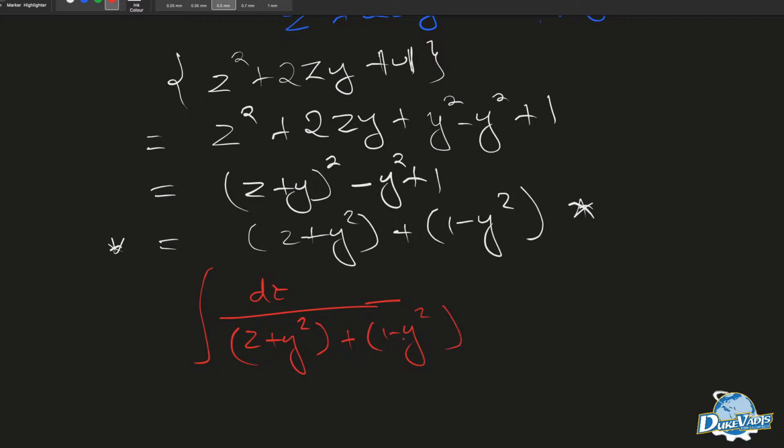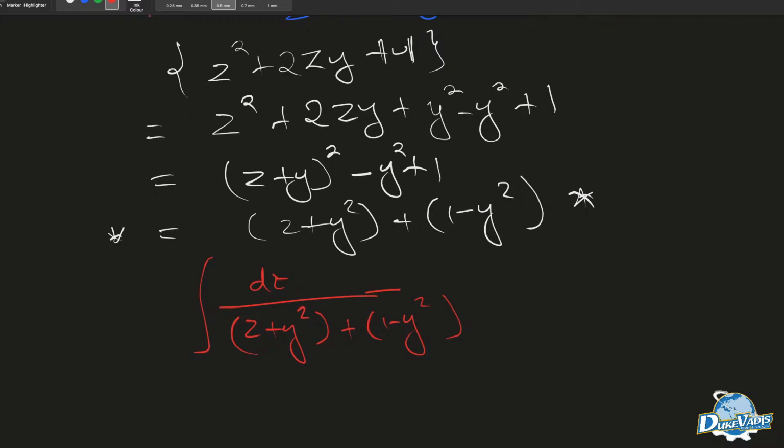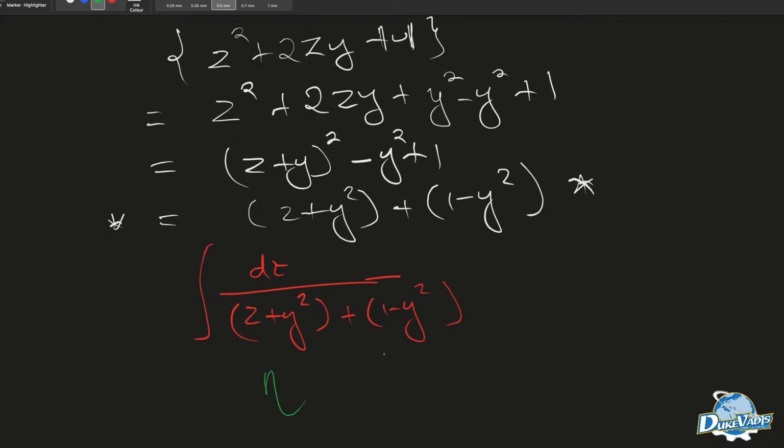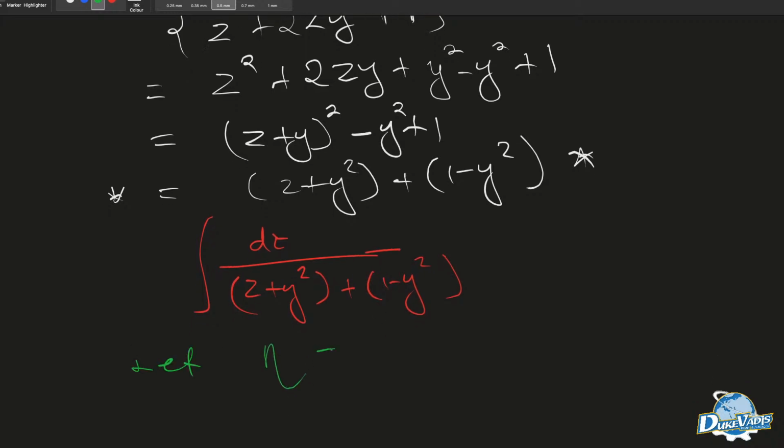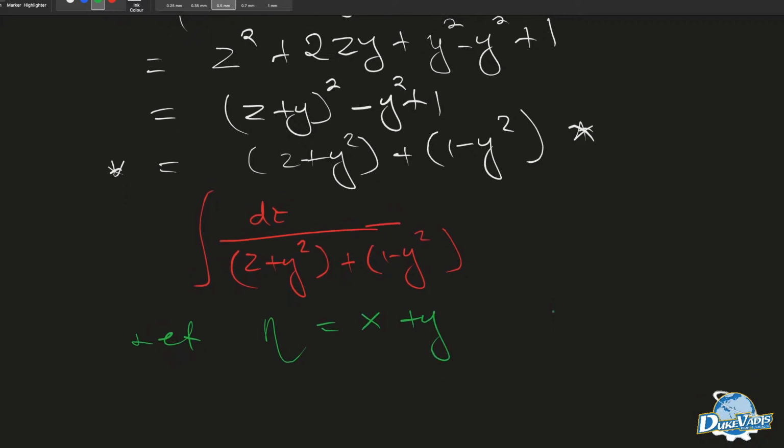So when you look at this, you know there's something we can do, because you know for sure we can do a certain substitution that can help us. Why don't we say let xi be equal to z plus the y that we have in our equation.